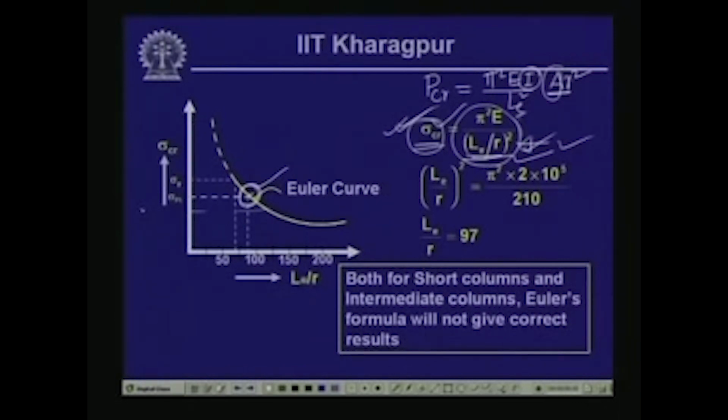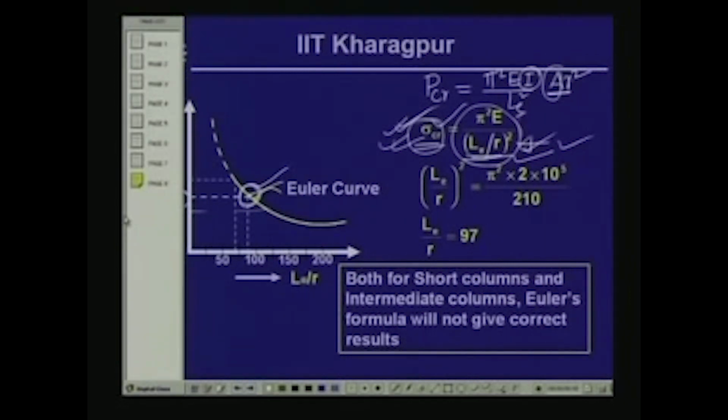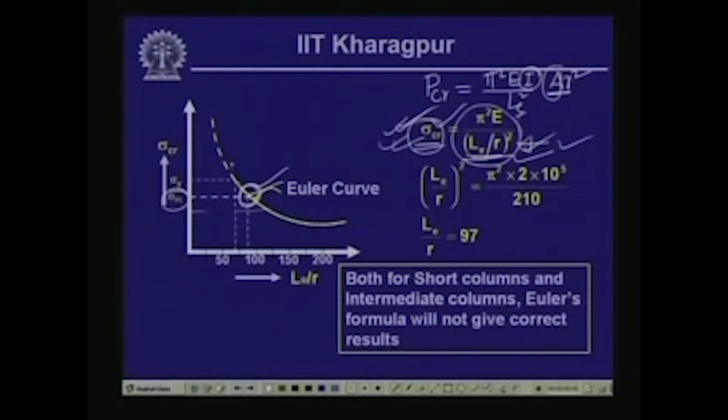So, the columns governed by this expression given by Euler are valid when the stress is lower than the proportionality limit stress. The short columns are the ones which go beyond the yield stress, and the long columns are the ones where the critical stress is limited up to the stress at the proportionality limit.